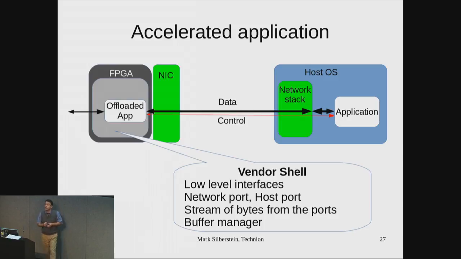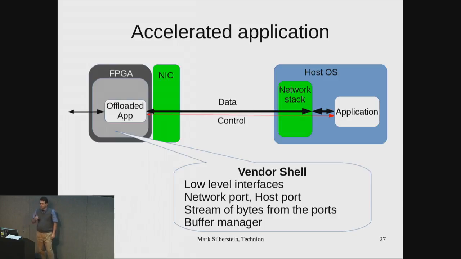Even the data path can go straight from the application to the FPGA, right? Yeah. You can send data back and forth by just sharing memory, without going through the network stack on the NIC. That's correct, and this is what we are going to do as well. So the picture is kind of cutting through the network stack. It doesn't necessarily go through the network stack.